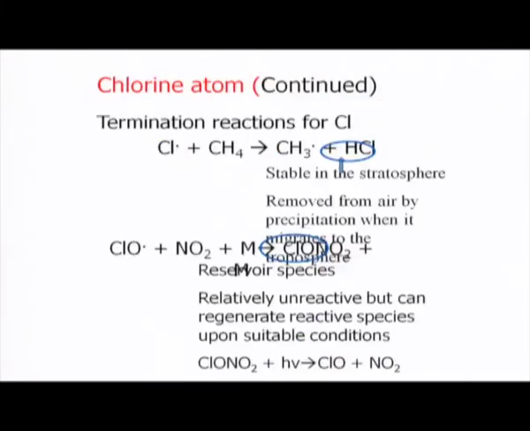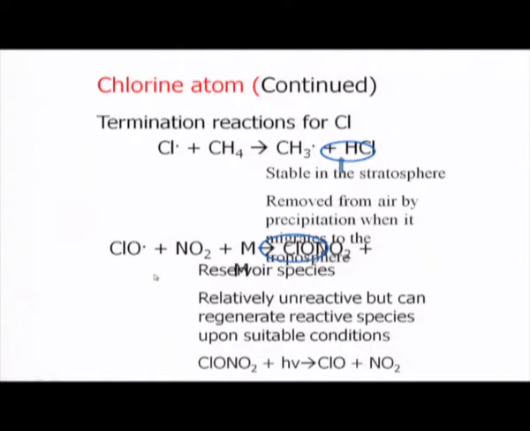One possibility of a chlorine termination reaction is, suppose chlorine is there, if it reacts with methane, if it is present, definitely the chlorine is converted to hydrochloric acid and stops or terminates this reaction of generating radical and destroying ozone.